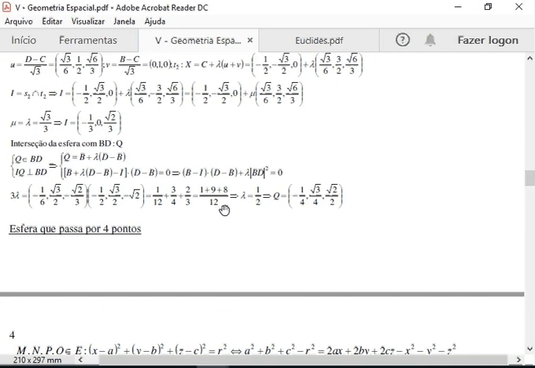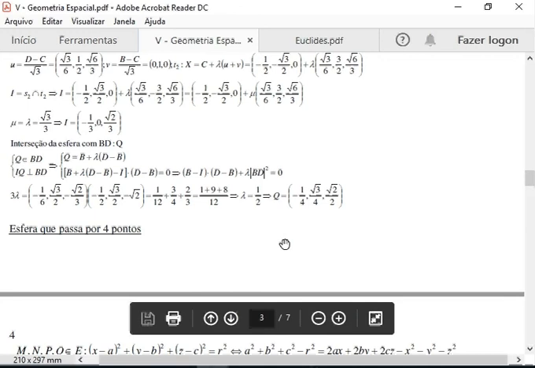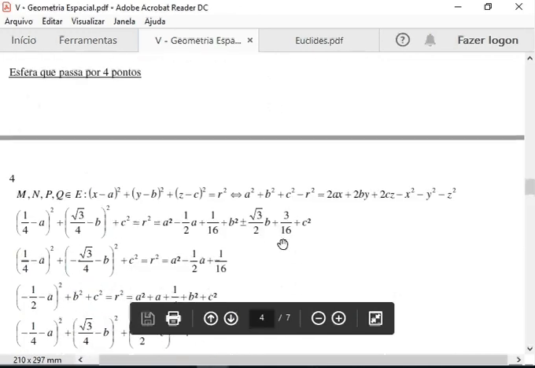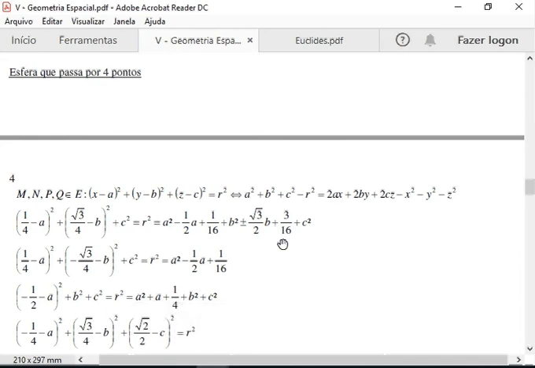We do the calculations, and 10, 18 over 12 divided by 3, right? 6 over 12, 1/2. Our point Q is equidistant from the edges, the 4 edges. Now, the sphere which passes through 4 points.